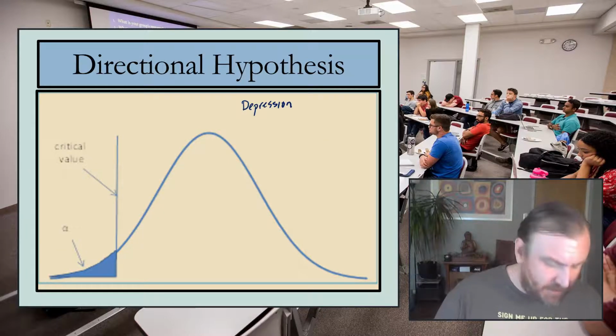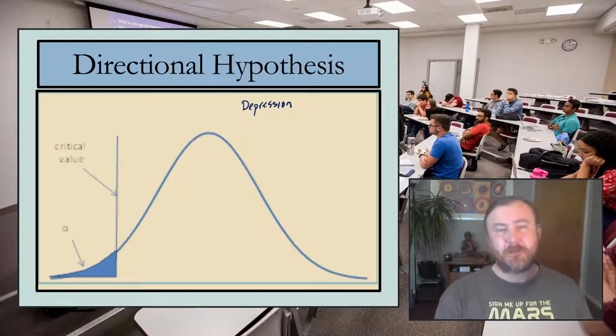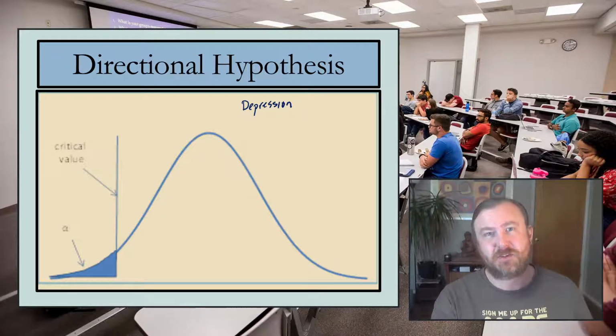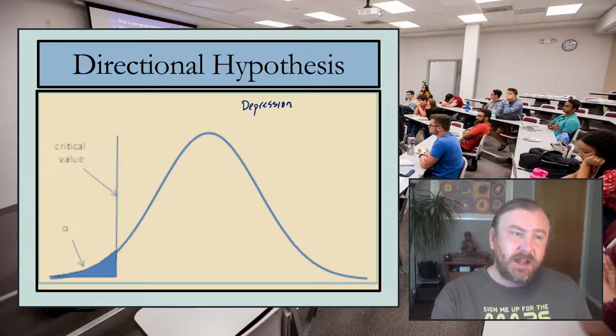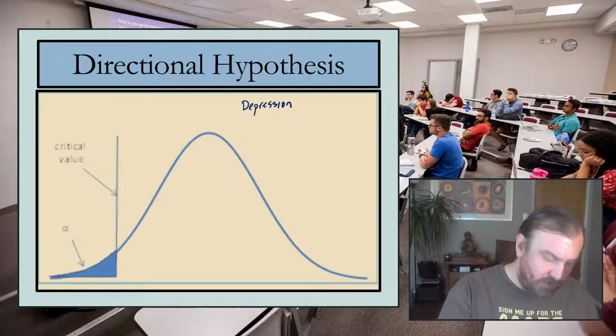We would hope that our treatment for depression would be reduced in our sample compared to the null hypothesis population. And so in that case, we would be looking at the cutoff below the mean.